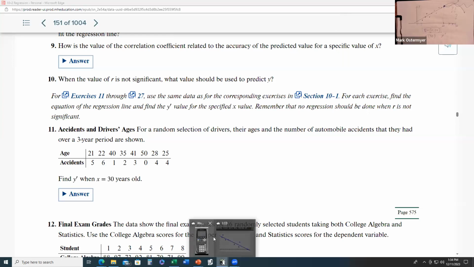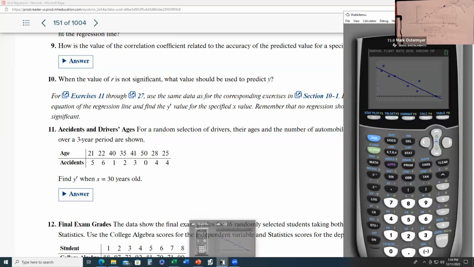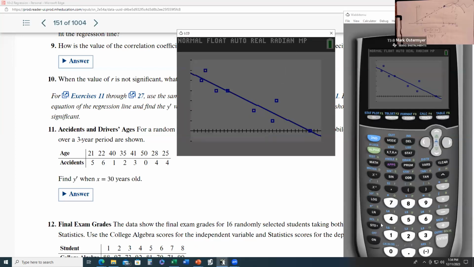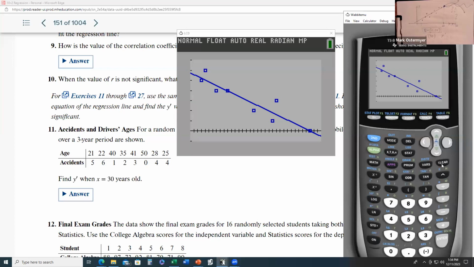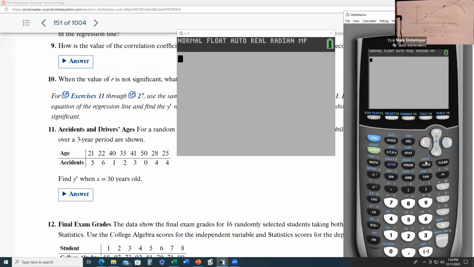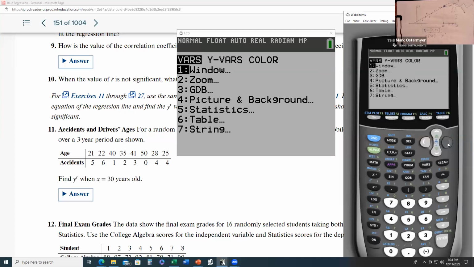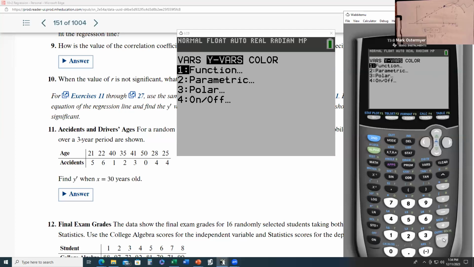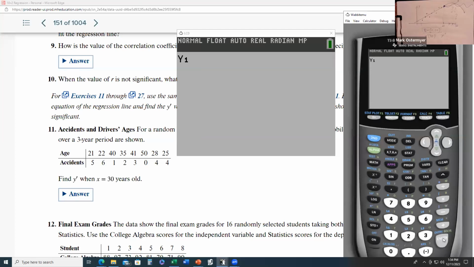Well, to do that is pretty simple now. Let's clear our screen. Let's go to vars, go over to y vars, stay on function, hit enter, and select y1. Open parenthesis, and now all you have to do is type in 30.